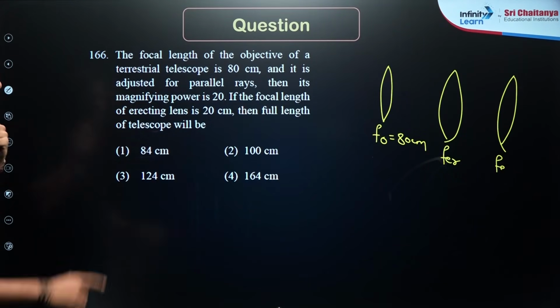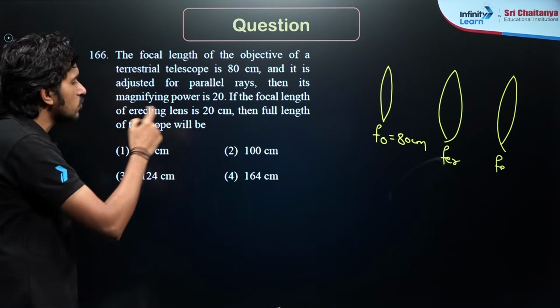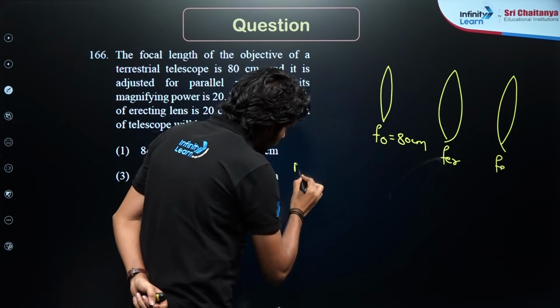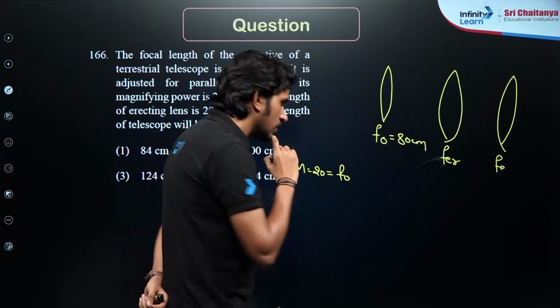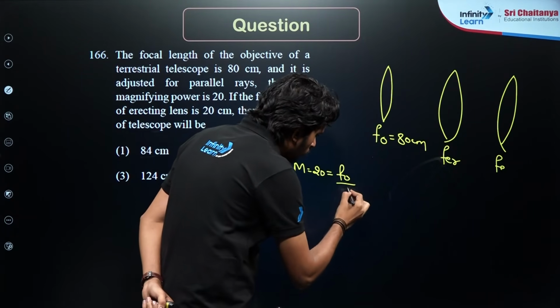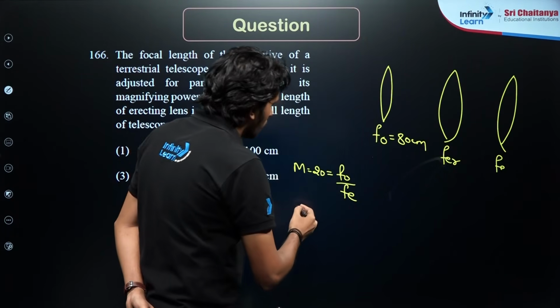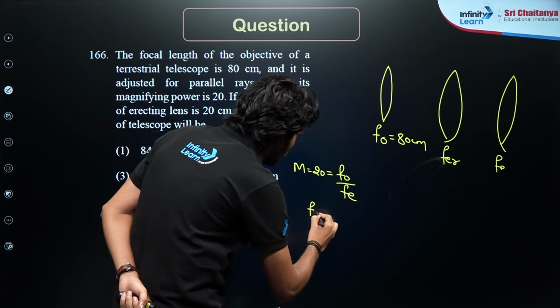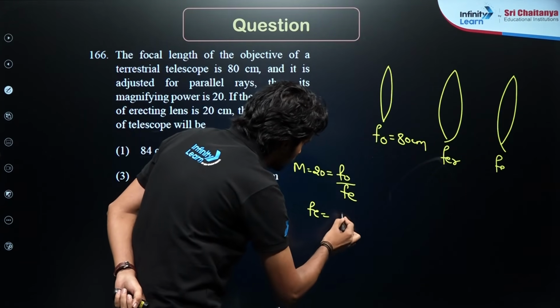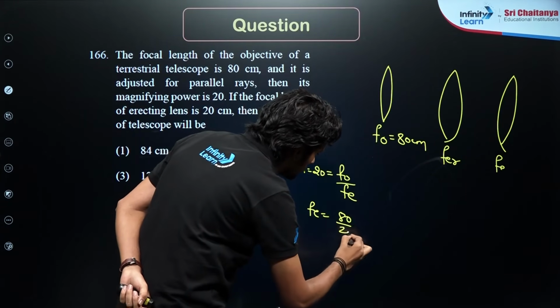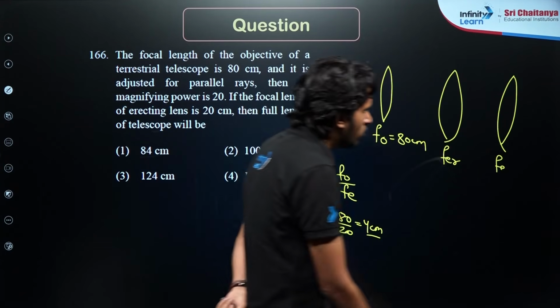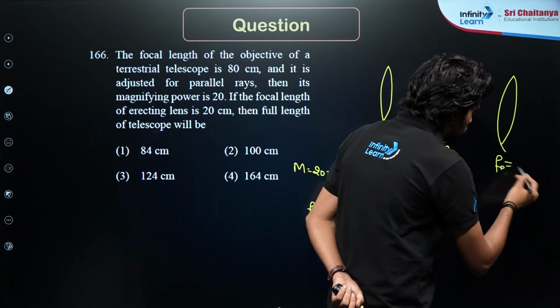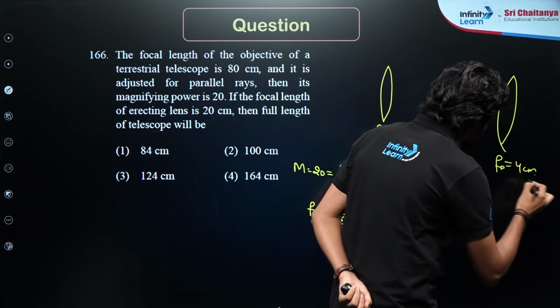Then its magnifying power is 20. Magnifying power is 20, and 20 means focus of objective upon focus of eyepiece. So that means focus of eyepiece would be focus of objective, 80 by 20. So that is 4 centimeter. Now we got the value of focus for eyepiece, that is 4 centimeter.